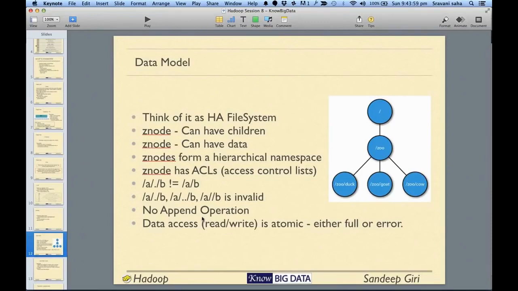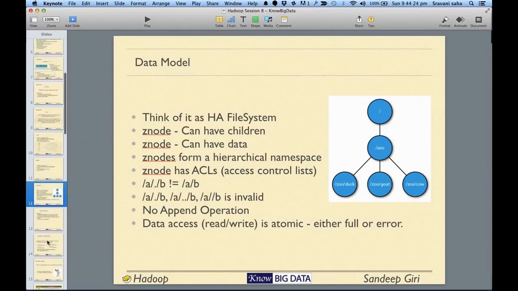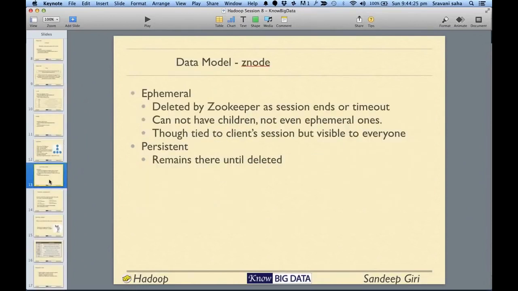We always set the value of the node or delete the node. We never say append this value, just to keep the read and write access atomic. If it provided things like people can read and write simultaneously, and some can append, then there would be a tremendous amount of conflict and there are chances of race conditions.